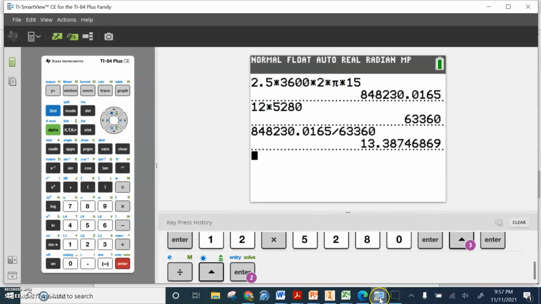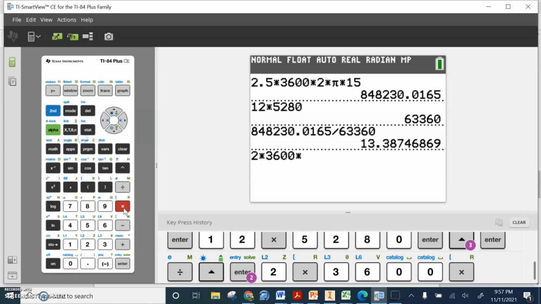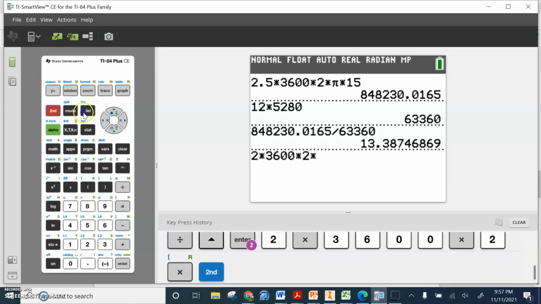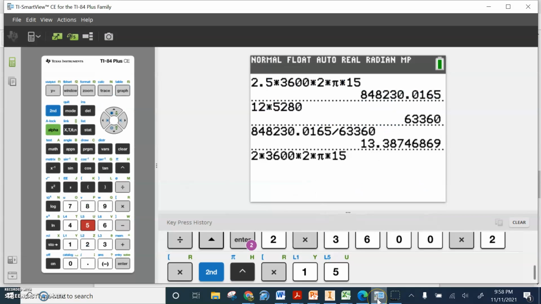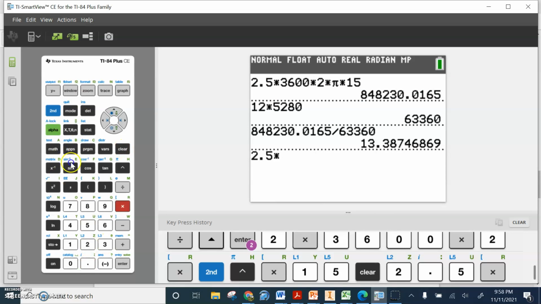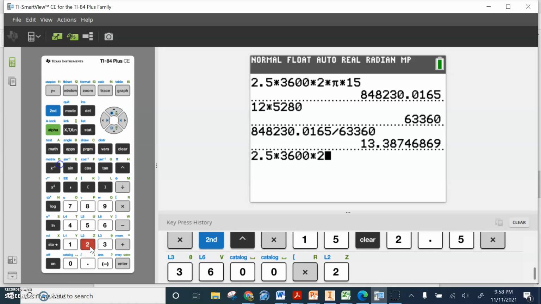So what that looks like is 2.5 times 3600 times 2 pi r.